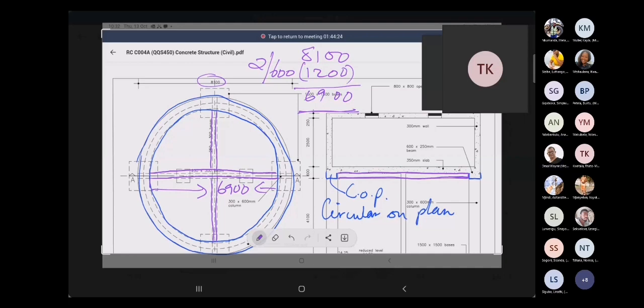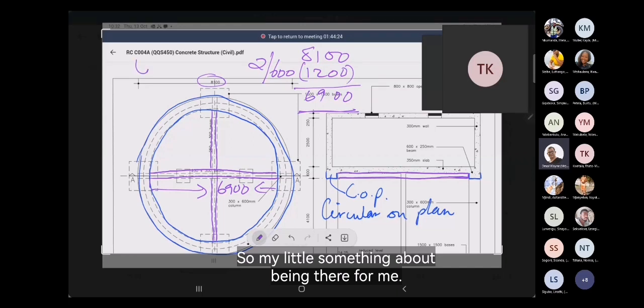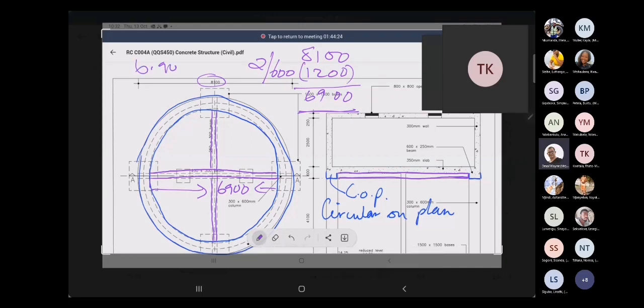It is equal to 900. So my reinforced concrete in my beam will therefore be 6.9 by 0.3 by 0.25. You with me? And that takes care of that.